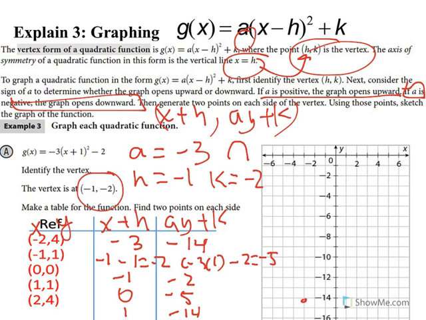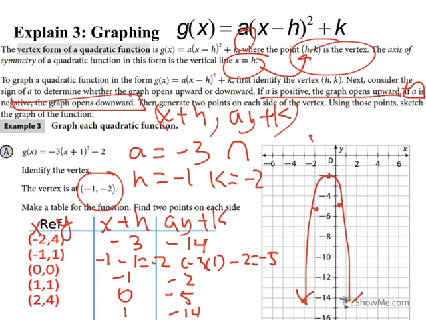And negative 2, negative 5, so is somewhere here. And negative 1, negative 2, so it's here. And 0, -5, so it's here, and 1, -14, so it's here. So our graph is going to open downward, right?